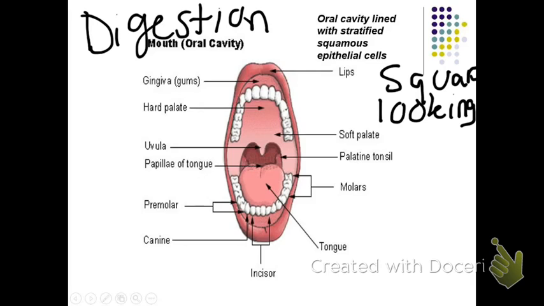And as I mentioned before, the hard palate is found anterior to the mouth, where the soft palate is found closer to the back of the mouth. And we will dive more into the oral cavity when we talk more about digestion.